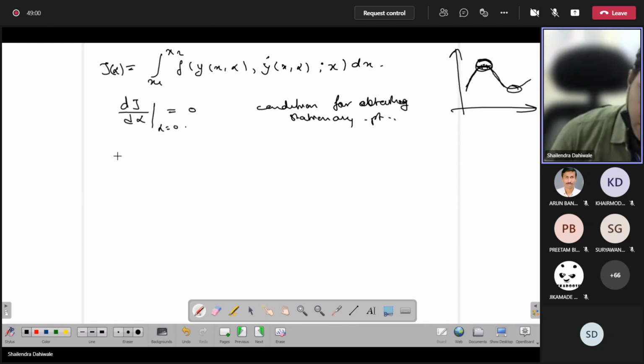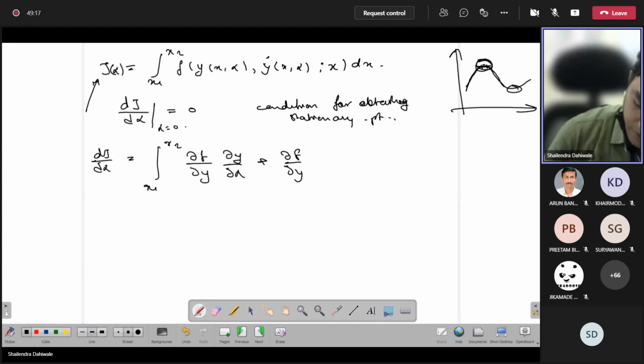So if I take the derivative of this with respect to alpha, dJ by d alpha would be the integral from x1 to x2 of del f by del y, del y by del alpha, plus del f by del y dot, del y dot by del alpha, dx.